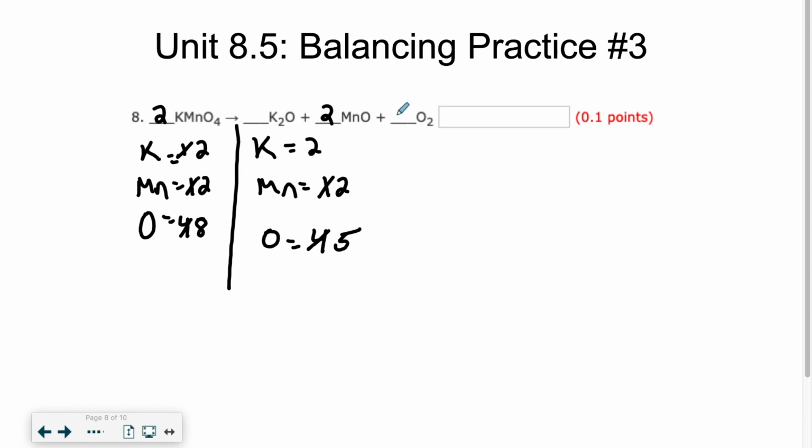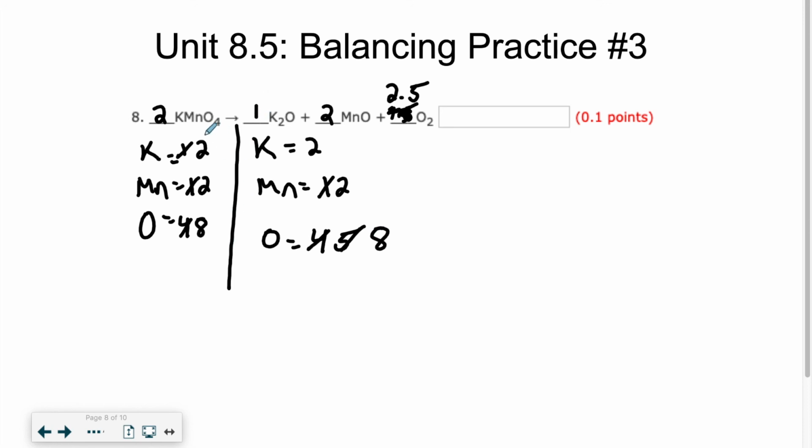So if we put this as a 1.5, 1.5 times 2 would be a total of 3, plus the 2 from over there will be 5, plus that one would be 6, so not enough, so not 1.5. Let's try 2.5. If I put a 2.5 here, 2.5 times 2 is 5, plus the 2 from over here is going to be 7, and then plus that 1 would be 8.